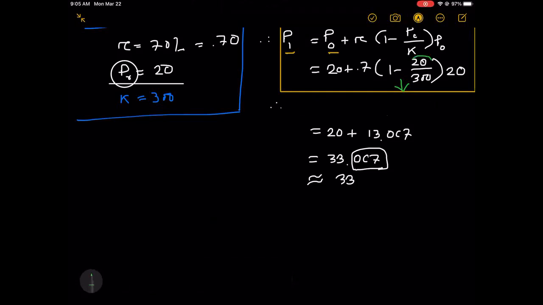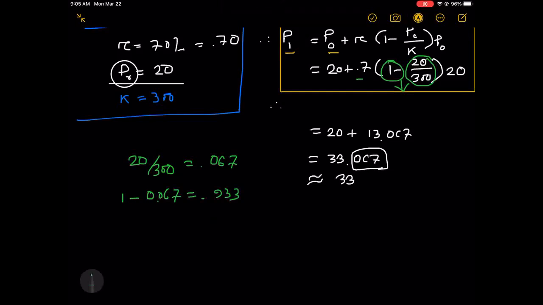First of all, you need to divide 20 by 300. Then we are subtracting that from 1. Whatever you have once you divide 20 by 300, just write it. If you divide 20 by 300, you'll have 0.067. Then if we subtract it from 1, we get 1 minus 0.067, which is 0.933.